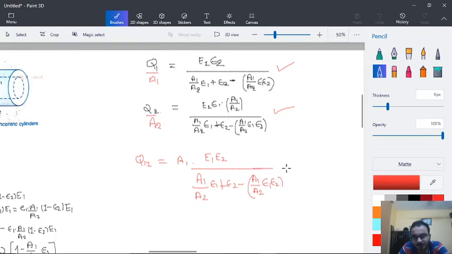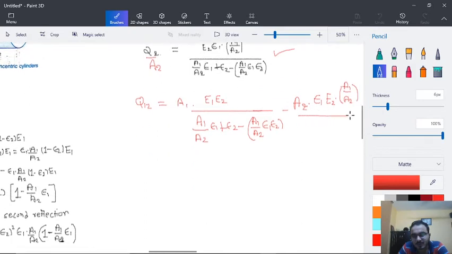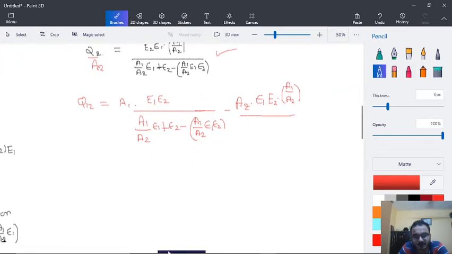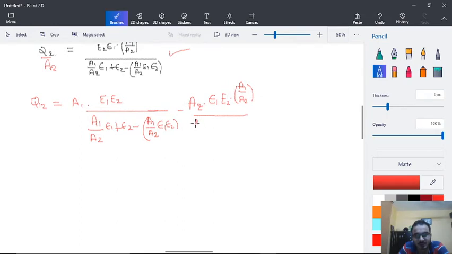minus A2 into epsilon 1 E2 into A1 upon A2 divided by the same thing over here, that is A1 upon A2 epsilon 1 plus epsilon 2 minus A1 upon A2 epsilon 1 epsilon 2.